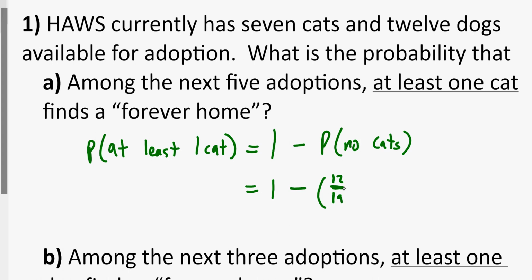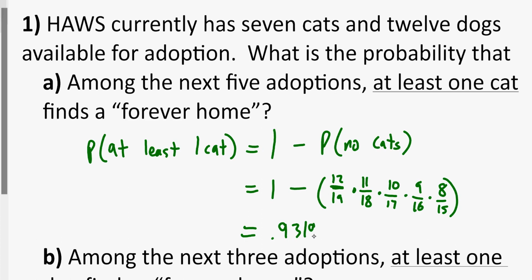But I'm doing 5 of these, so it actually makes a little bit more work. 11 out of 18 would be my chance of getting another dog. 10 out of 17. 9 out of 16. And 8 out of 15. That's the chance of getting a dog each of the next 5. If I subtract all those from 1, when you multiply them up, you get 0.9319.